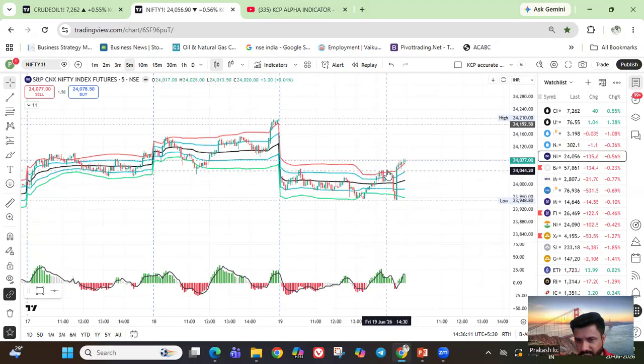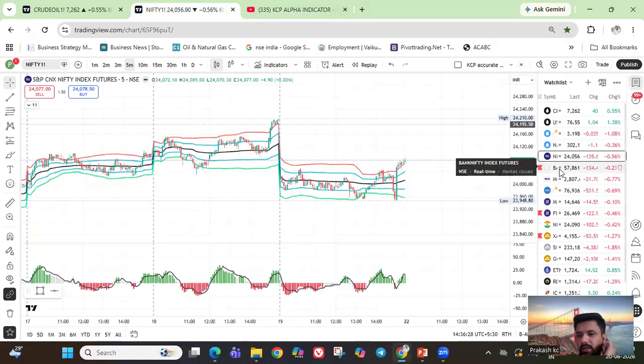Similarly here, the price is approaching the upper band, and after that one big Marubozu candle then comes down. So you can see how a single candle moves from here to here. That's why volatility and price movement are very high in intraday. Do it accordingly, not on 1 minute. You can do it on 3 minutes and 5 minutes.